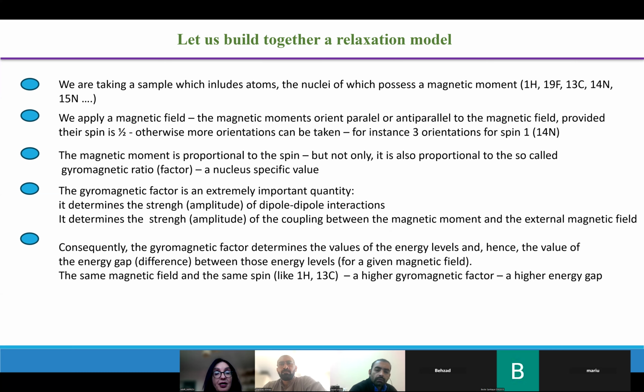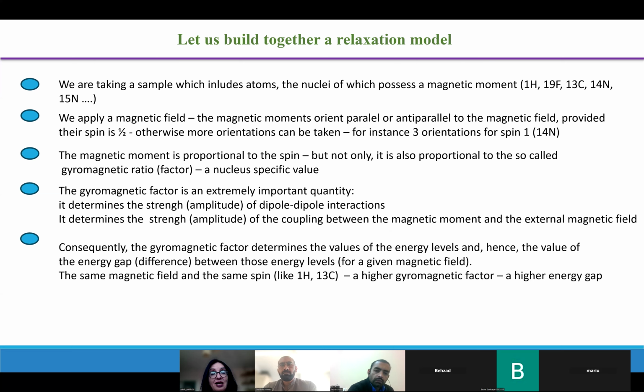Because it can happen that you and your colleague will work the same time, but one of you will get less total amount, because it's a matter of how much you are paid per hour. It can also happen that somebody will work longer, however, get less total salary for the same reason, yeah? So although the magnetic moment is proportional to the spin, there's this proportionality factor, which is called gyromagnetic factor.